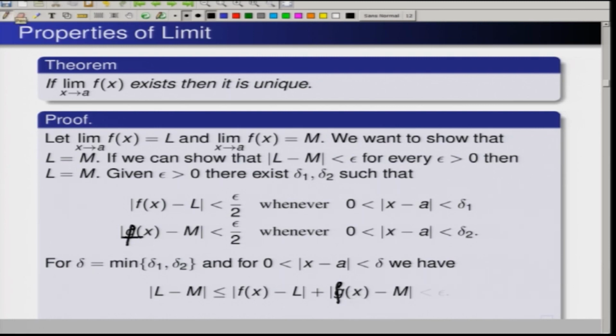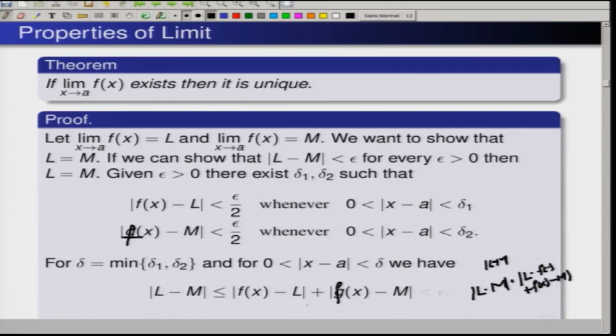So, we have now |L − m|, this is less than or equal to, by the triangle inequality, |f(x) − L| + |f(x) − m|, because |L − m| is equal to |L − f(x) + f(x) − m|.